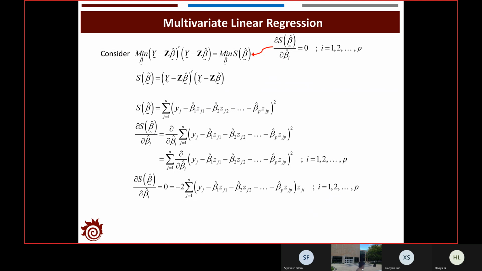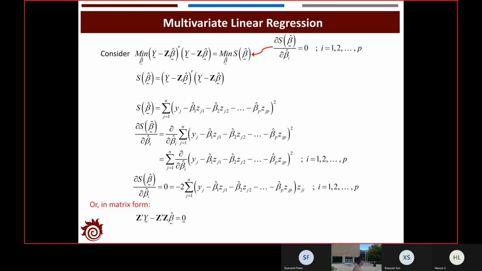Yj minus the expected value of y for the jth observation, times zji, summed over all the n observations. So this is only applied for the ith variable. You can apply this for all the other p minus 1 variables.